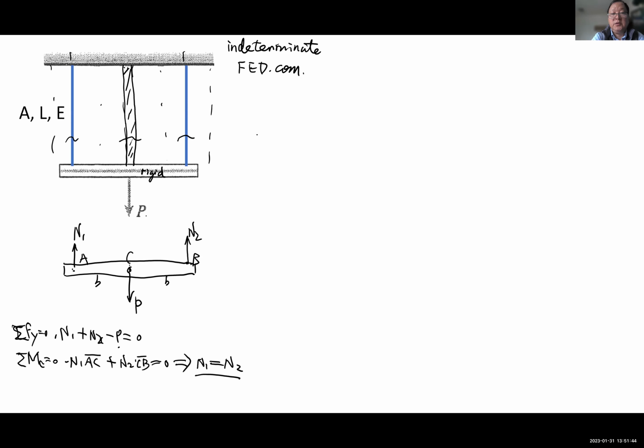So what I have will be this rigid beam. I'll just draw it to the side. Okay, this is the rigid beam. I have this load P applied here. I have this N1 of cable 1, then this N3 of this new cable, and then this N2.